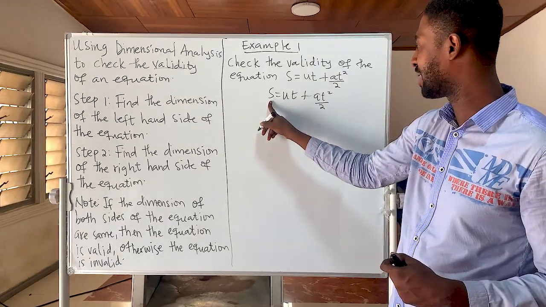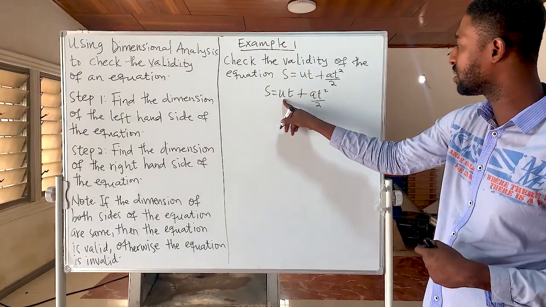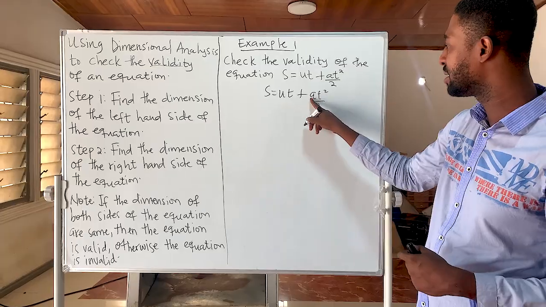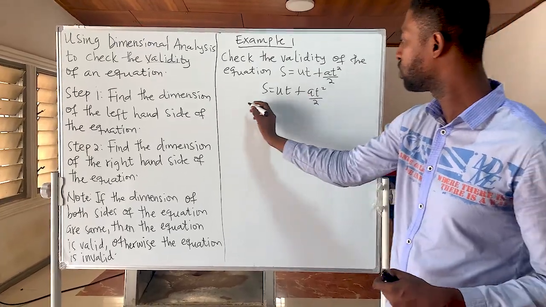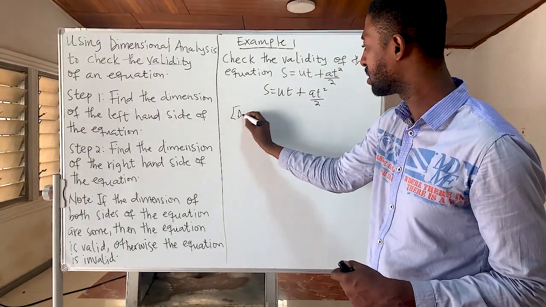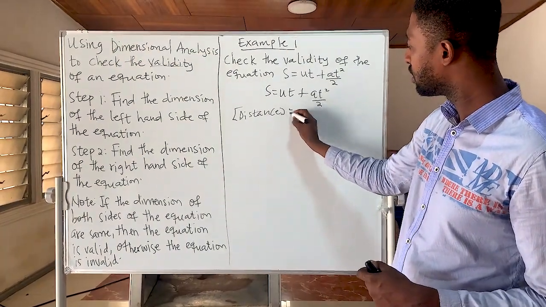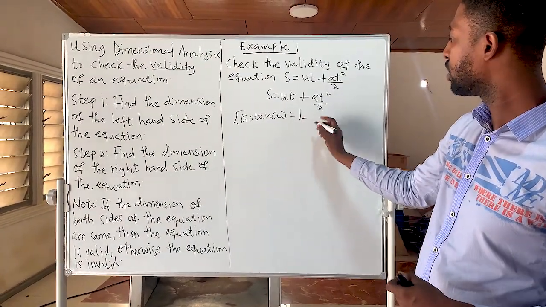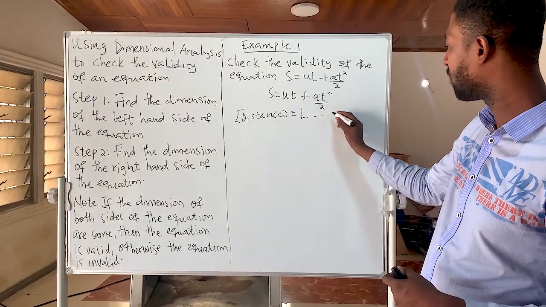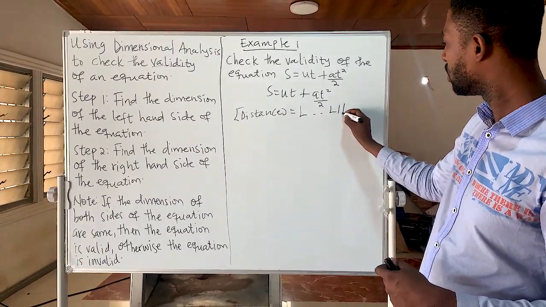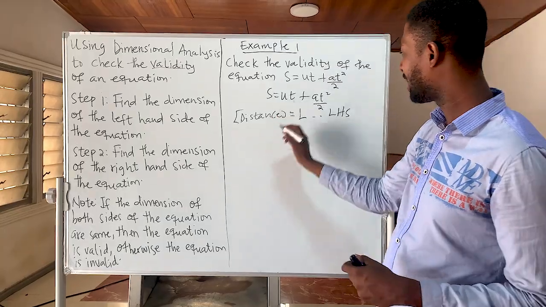This s is distance, this u is initial velocity, this is time, and this a is acceleration. The dimension of distance is L. So here the left-hand side we just have L. That is it.